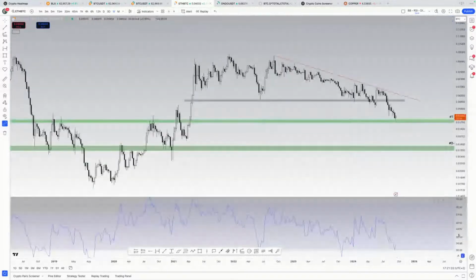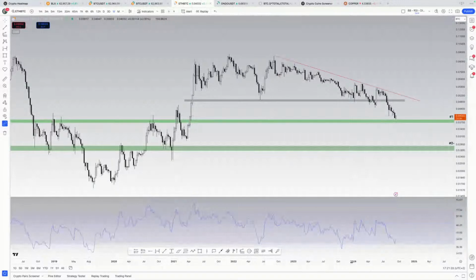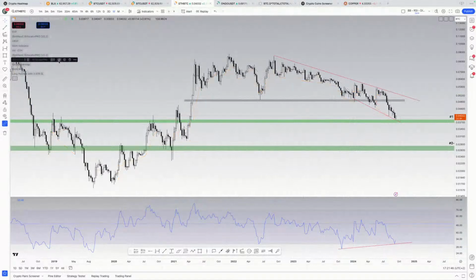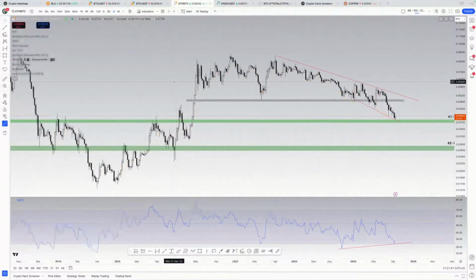And now we also see, for the first time, I believe, in Ethereum's history, if I'm not mistaken, if I'm mistaken, let me know, guys, a very strong bullish divergence. Let me see what the Divergence Pro is saying here. Yeah, so this is not the divergence you want to avoid or take too lightly.